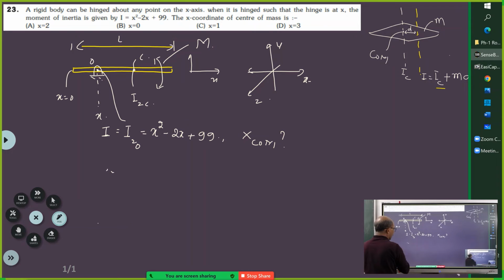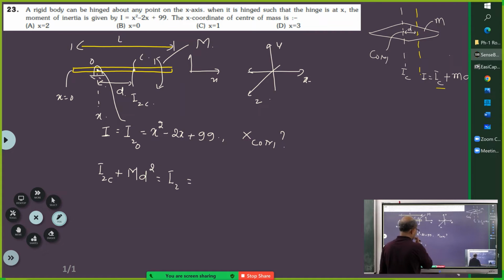IZC plus the mass of this rod, which I told you to take as m, and some distance d, m d square, is equal to what they have told you, Iz. Correct? Hinges at x.